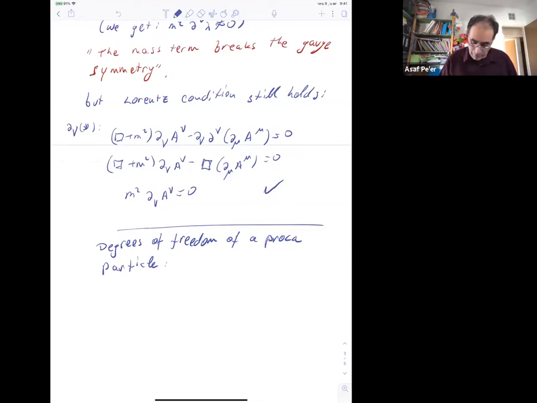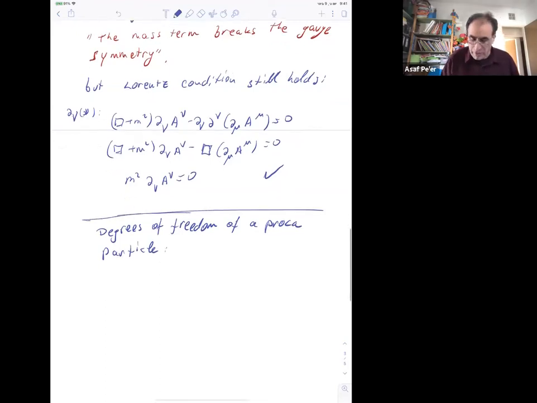Again, we follow exactly the same path as when we derived the solution for the photon, the quantized Maxwell's equations.